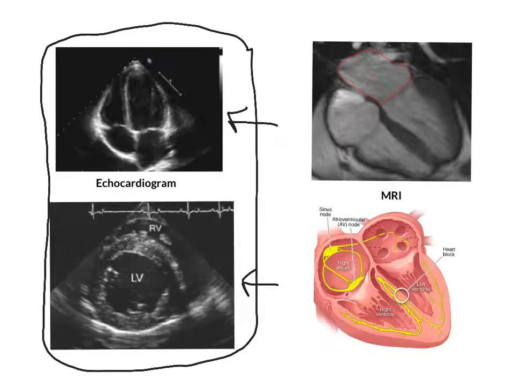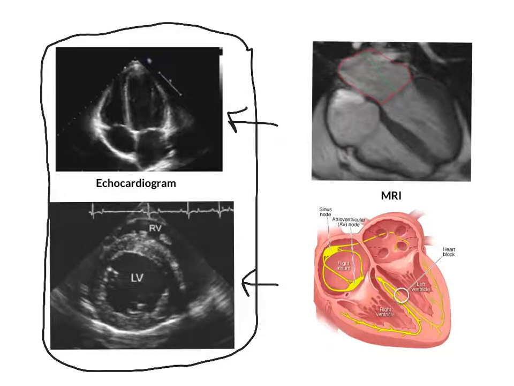Those two views are used to evaluate valves, the function of the heart, the size of the heart, whether there's any chamber dilation or dilatation, whatever you want to call it.